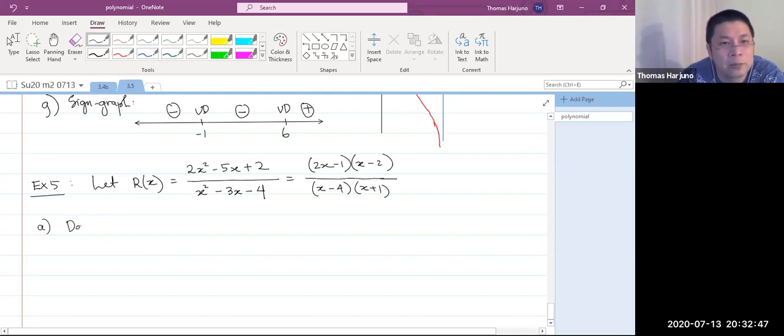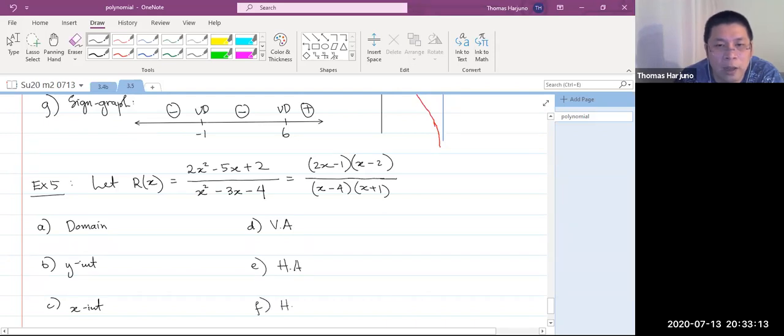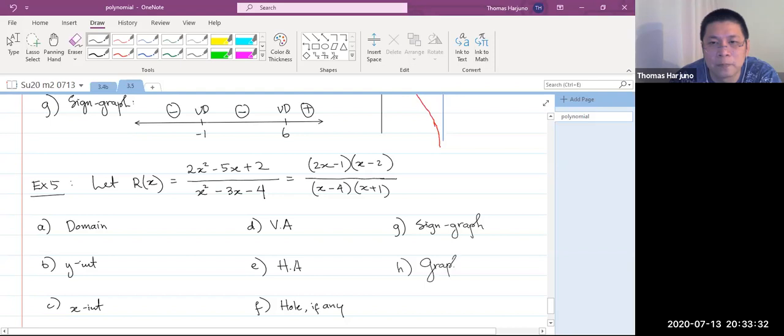Find the domain, the y-intercept, the x-intercept, vertical asymptote, horizontal asymptote, is there a hole if any, and then the sign graph to help us graph it later on, up or below the x-axis, and then graph it.